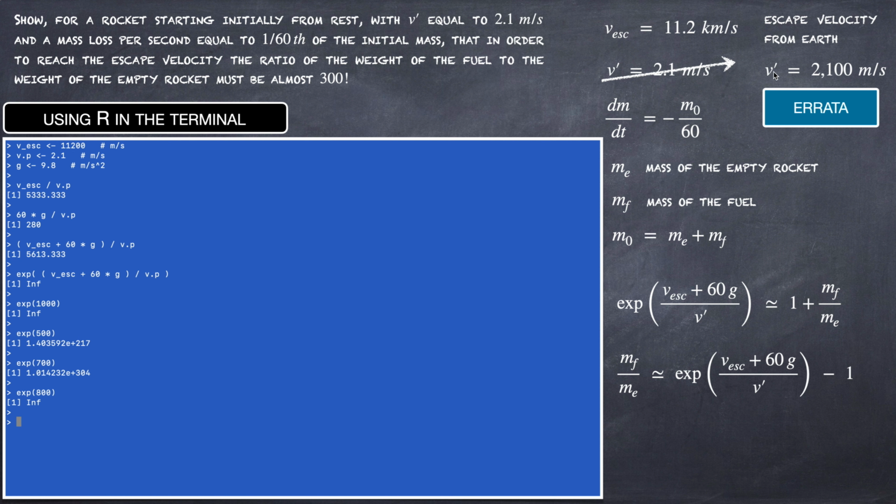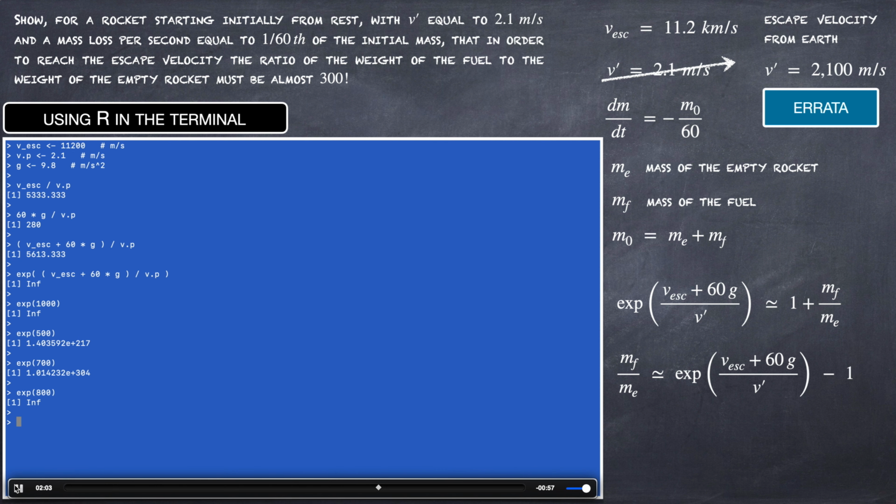Or, in other words, v prime equals 2,100 meters per second. So there is this error in the Goldstein book. And when you consider that, so instead of v prime to be 2.1, let's redefine that as 2,100 meters per second.